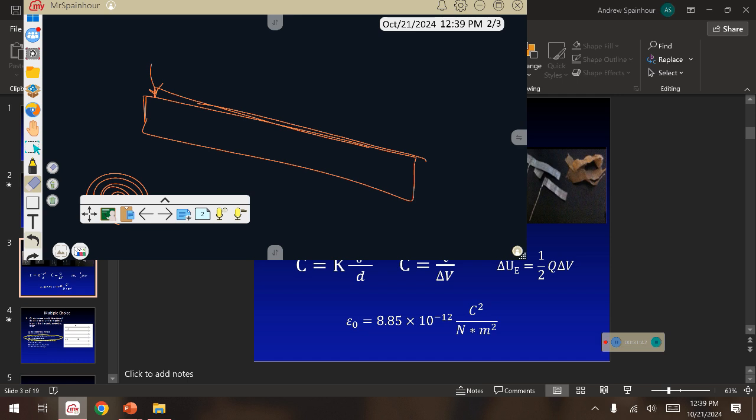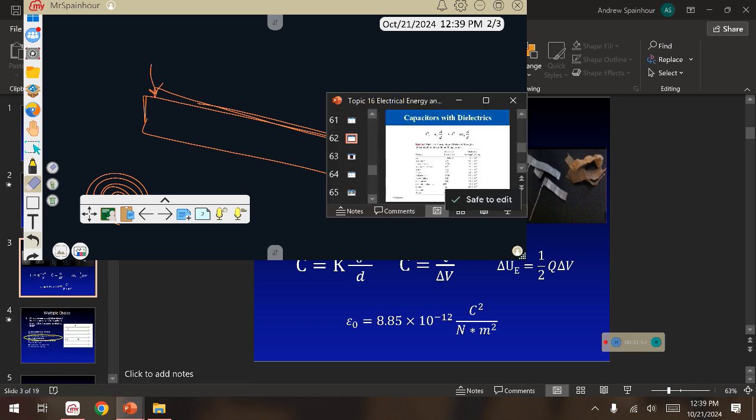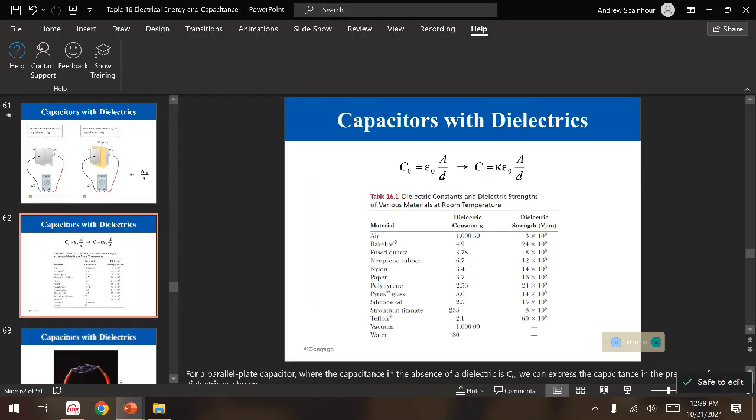The net charge on a capacitor is just 0. What's the purpose of a capacitor? To store a burst of energy. To have a burst of energy as Q goes from one side to the other. Just the lightning bolt. Yes. So, like we said, a defibrillator is a capacitor.